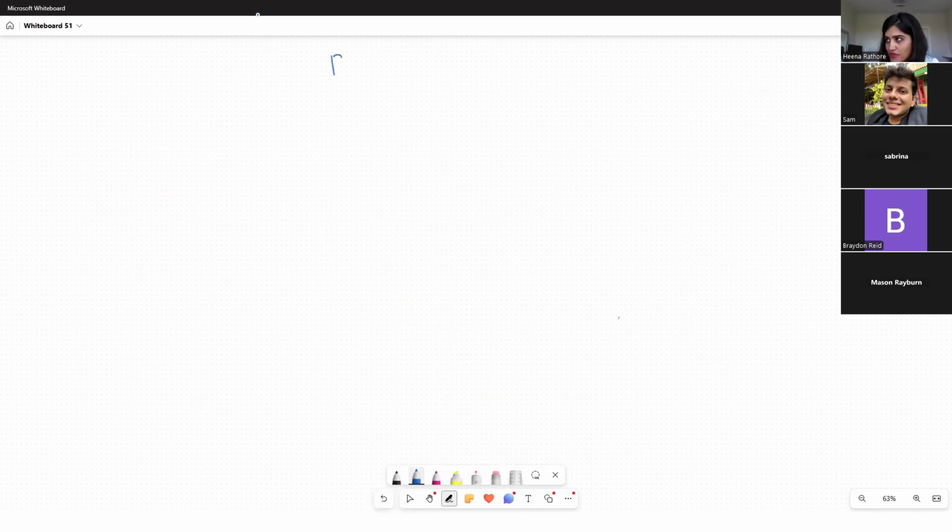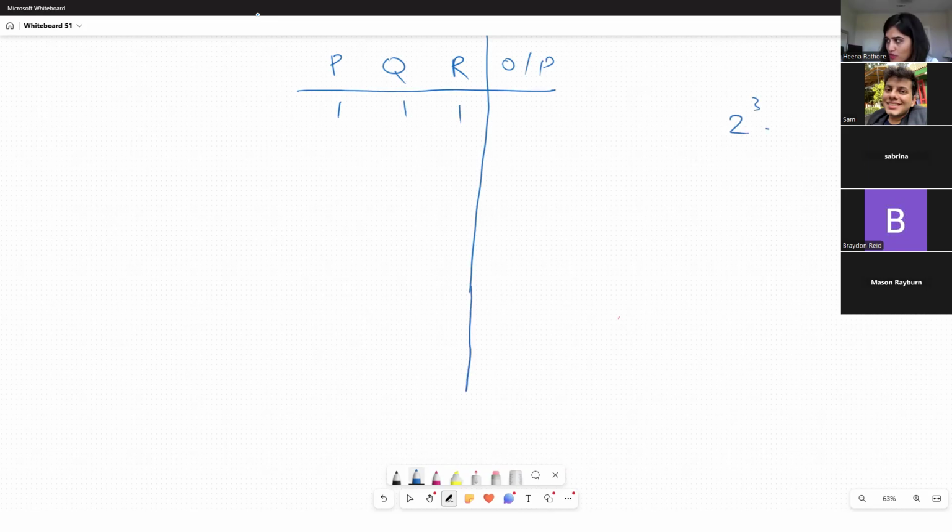So let's start with P, Q, and R this time. And let's start with 111. And there is also an output over here. And we should be getting at 2 to the power of 3 minus 1. So 8 minus 1. At the 7th iteration, we should be able to get 111. If we did not get 111, then it means that we have made some calculation wrong. So here, this will come as 1, 1, 1.